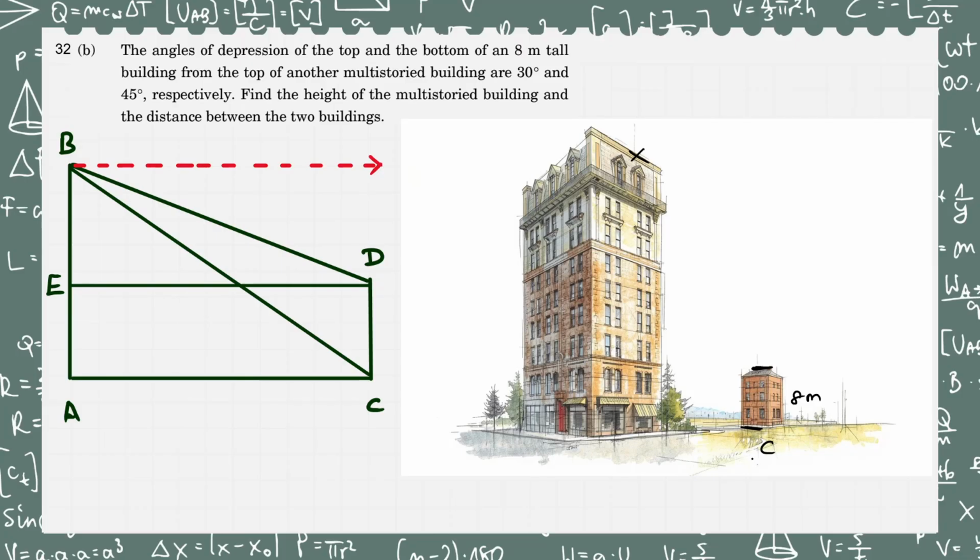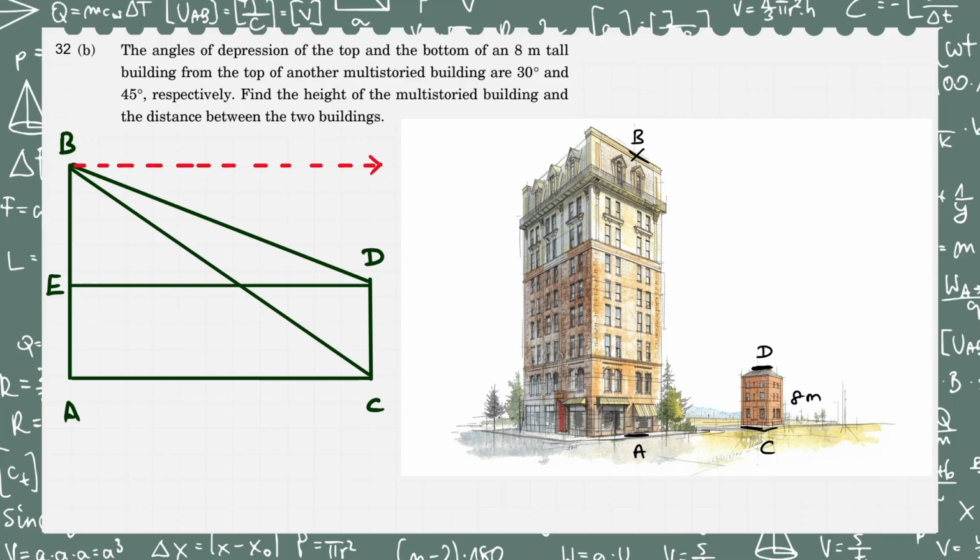Suppose I call this point C and this point D, the position of the observer I have marked as B and the foot of this building A. The person standing at B is watching the points D and C both at the same time.